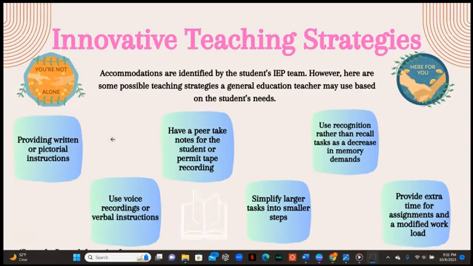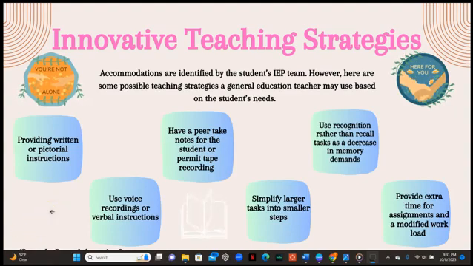So you can provide written or pictorial instructions, have a peer take notes for them, and permit a tape recording, use voice recordings or verbal instructions, simplify their larger tasks into smaller steps. Use recognition rather than recalling tasks as decrease in memory demands. Provide extra time for them and modify their workload.